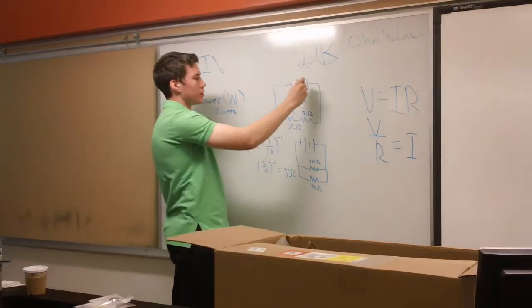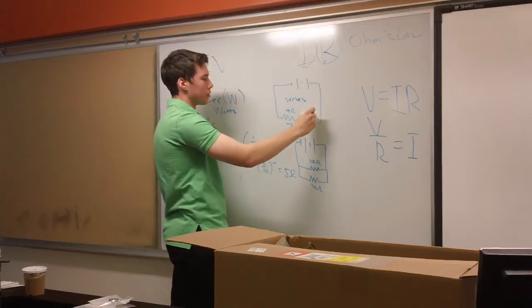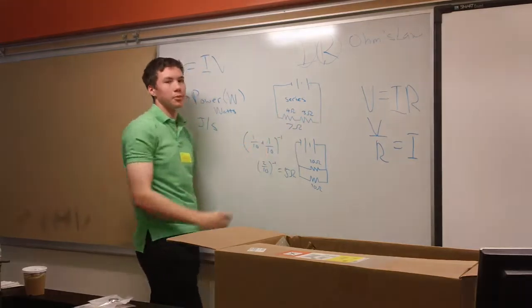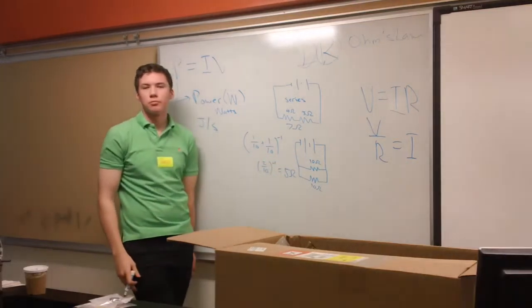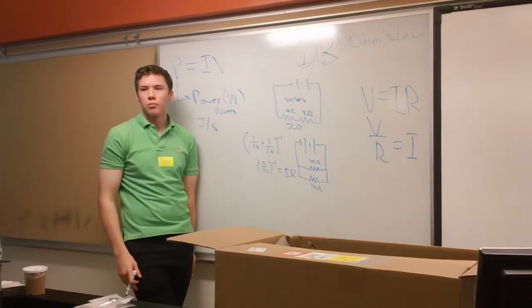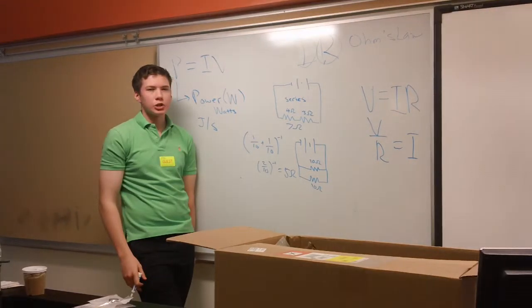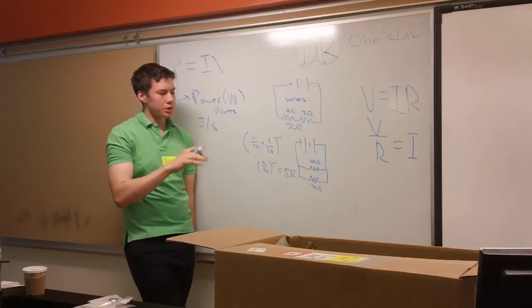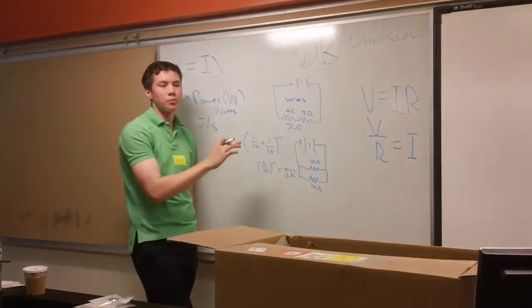In this circuit, the current starts here and has to pass through both of them, right? In this one, doesn't the current have a choice? So that means there's actually, oddly enough, less resistance than 10 ohms because now there are 2 paths.